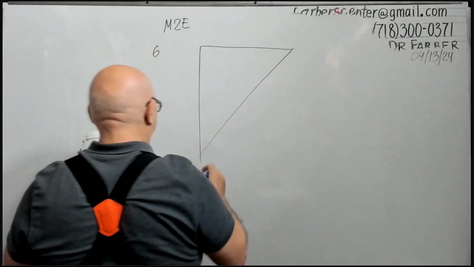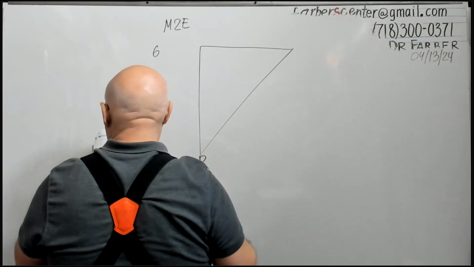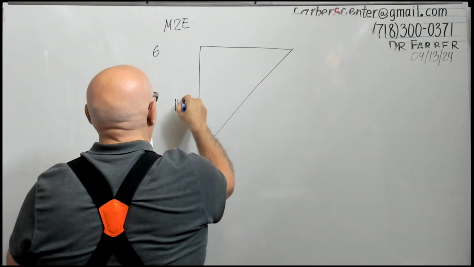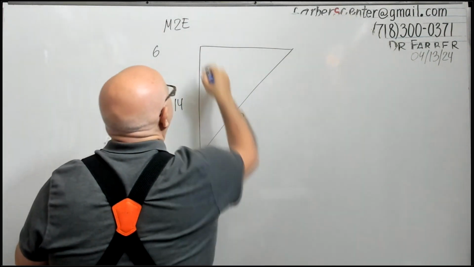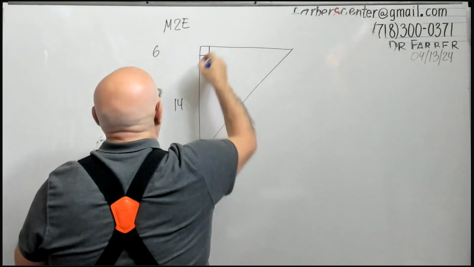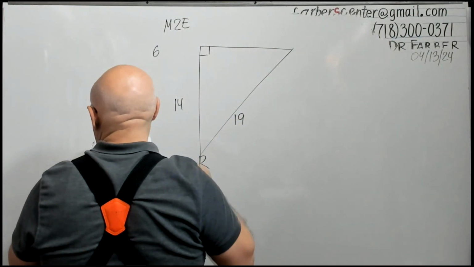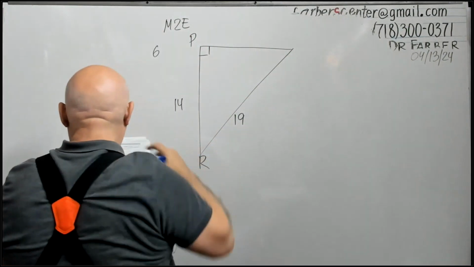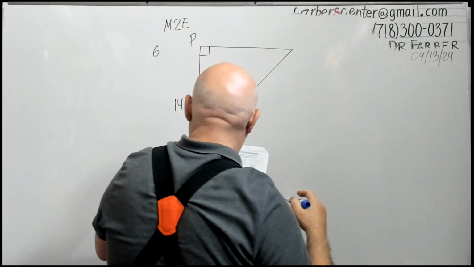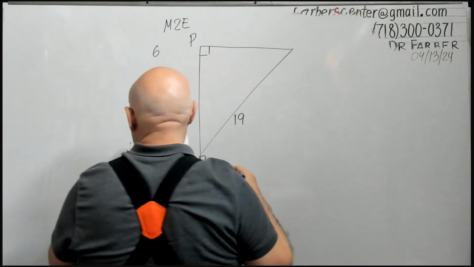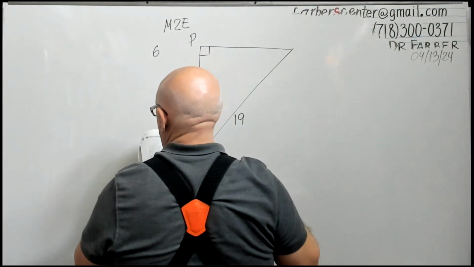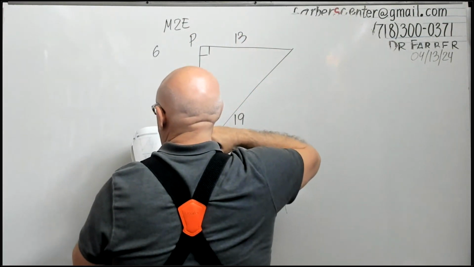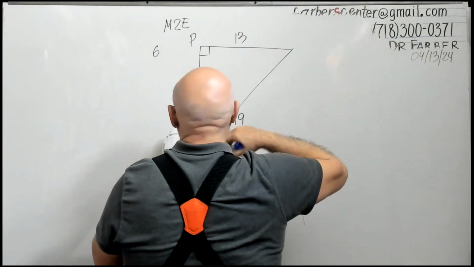There are, I believe, this is 14, 19, a right angle, P, this is 13, and this is Q.